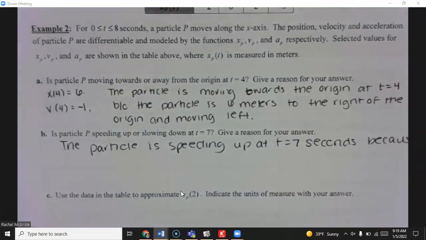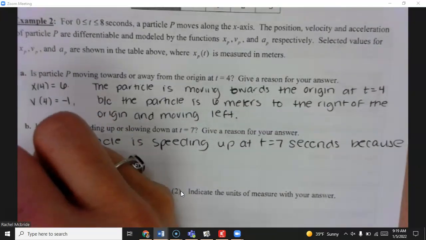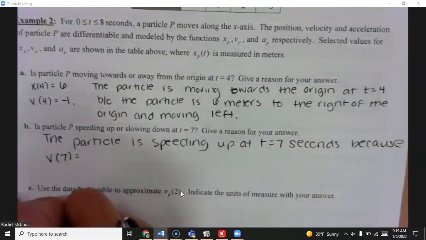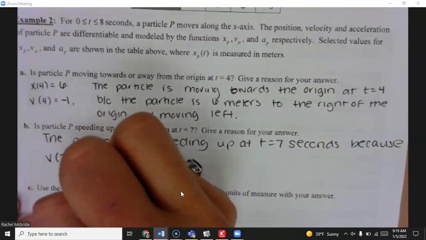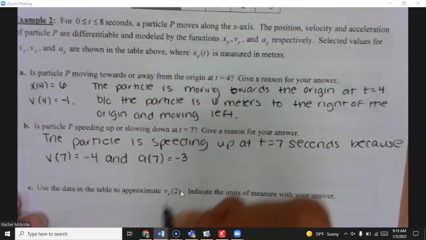So I would say the particle is speeding up at t equals 7 seconds because, and I would show that v of 7 is equal to -4 and a of 7 is equal to -3.